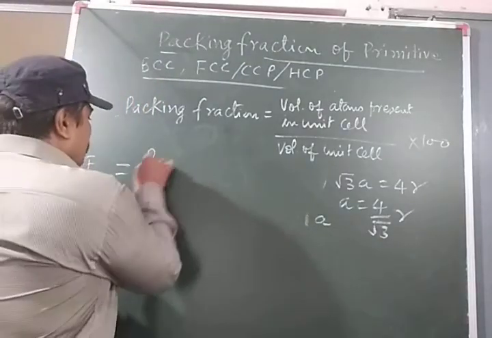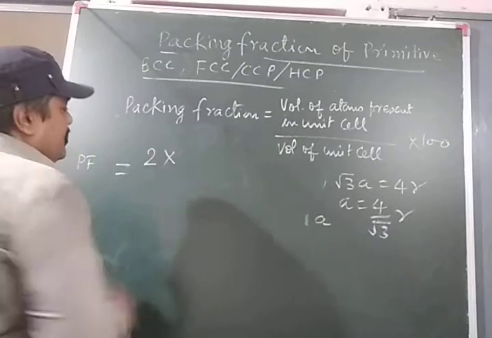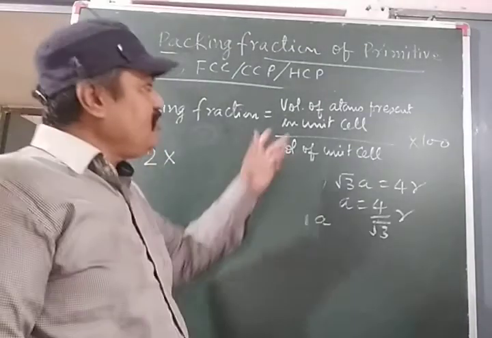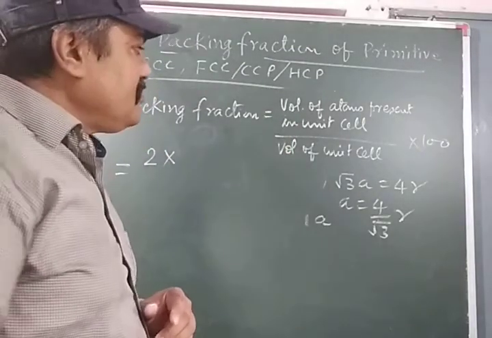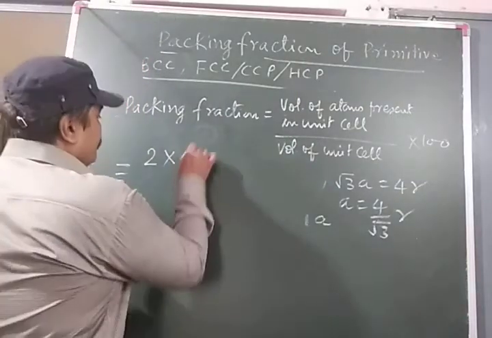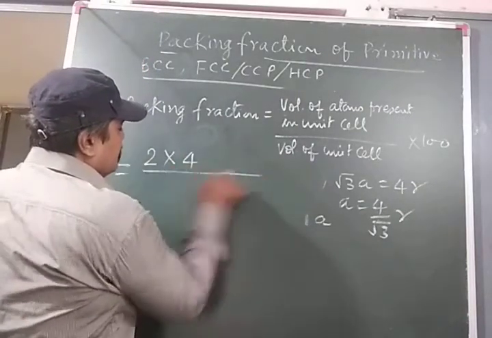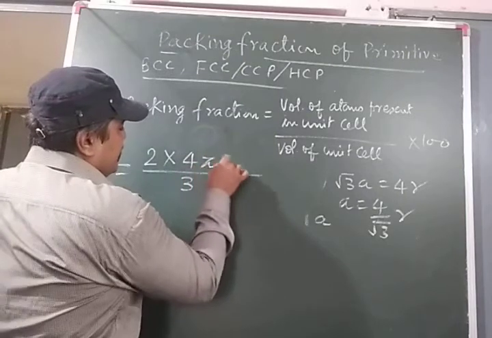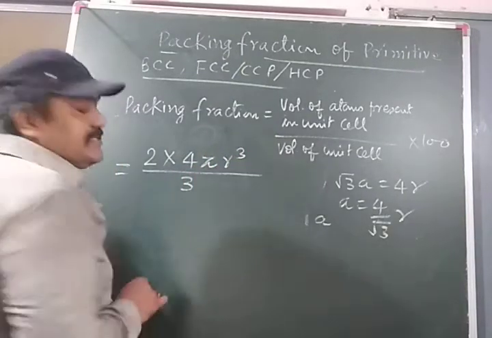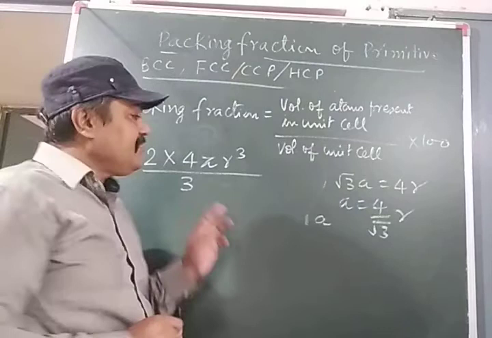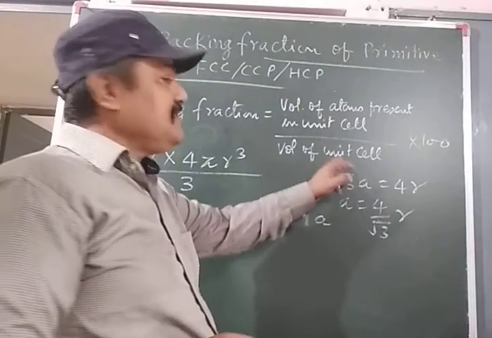Okay, so I am using 2 multiplied by the volume of 1 atom, that is 4/3 pi r cube. Is it clear? And divided by the volume of the unit cell, that is a cube.